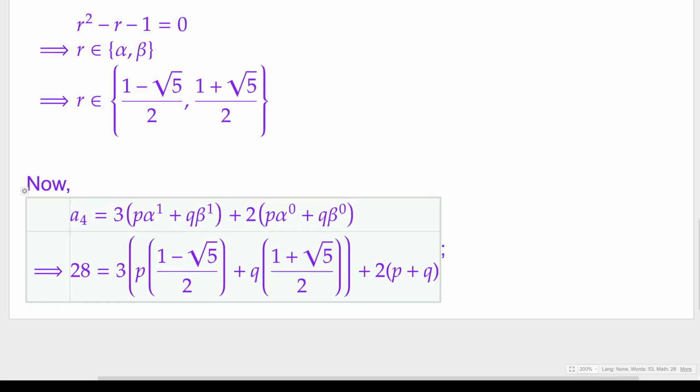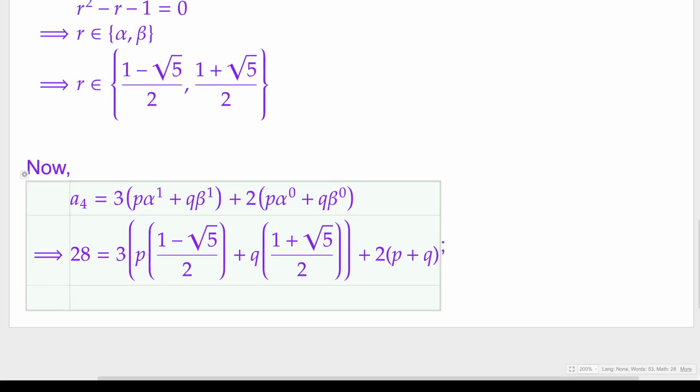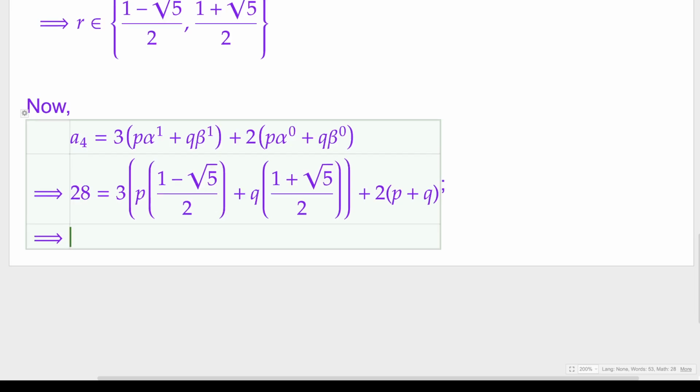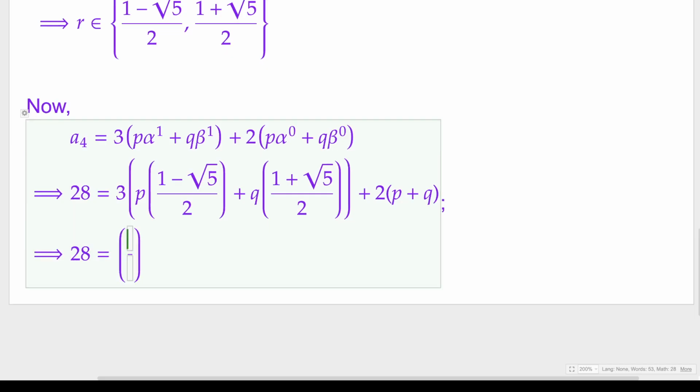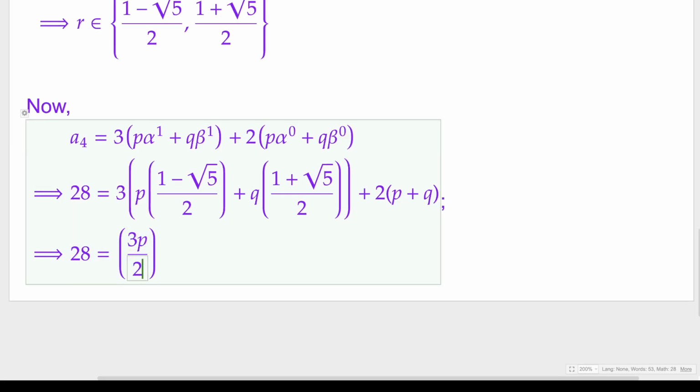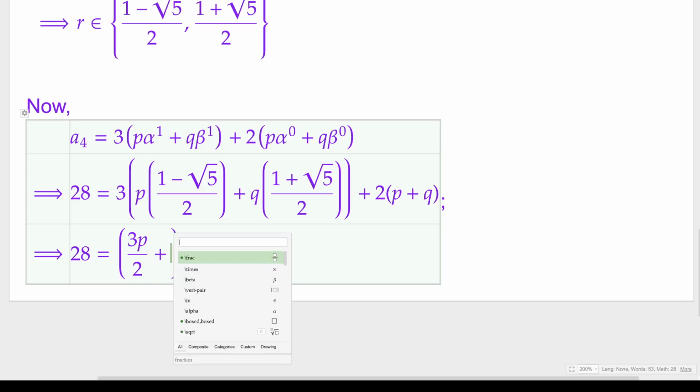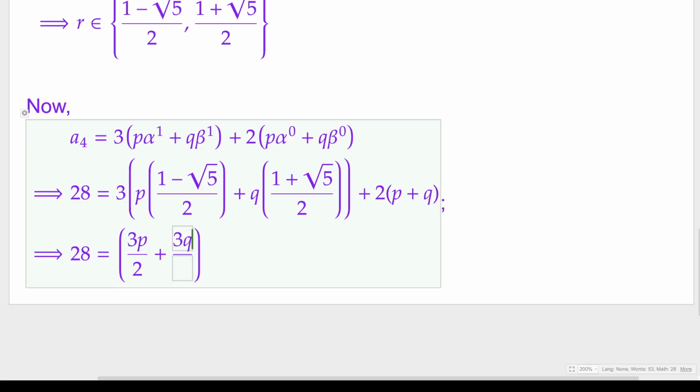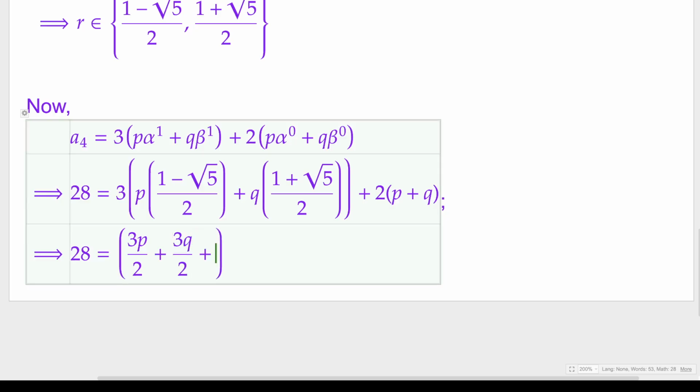Now on resolving and rearranging these terms, this can be written as 28, that is equal to, if you resolve this, 3p over 2 plus 3 times q over 2, plus 2 times p plus 2 times q, plus on the other side this would be 3p over 2 minus 3 times q over 2, right?